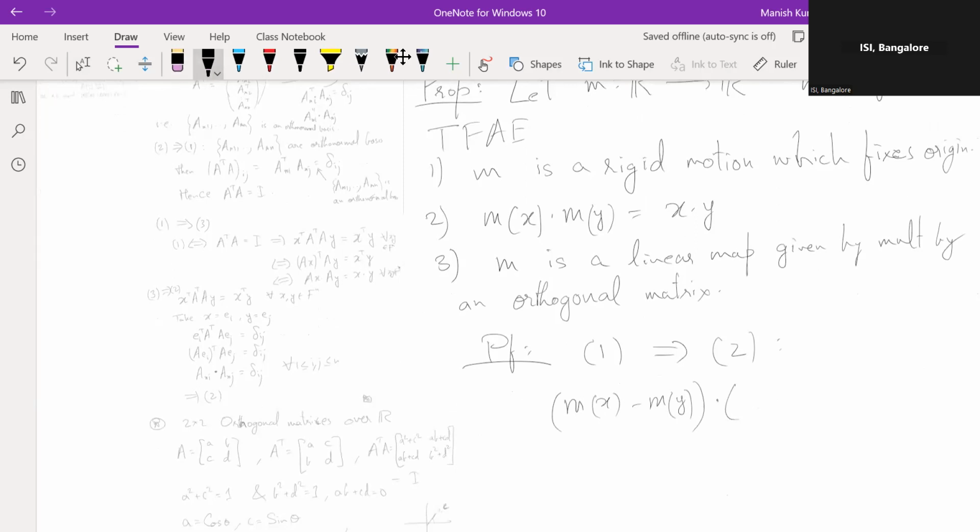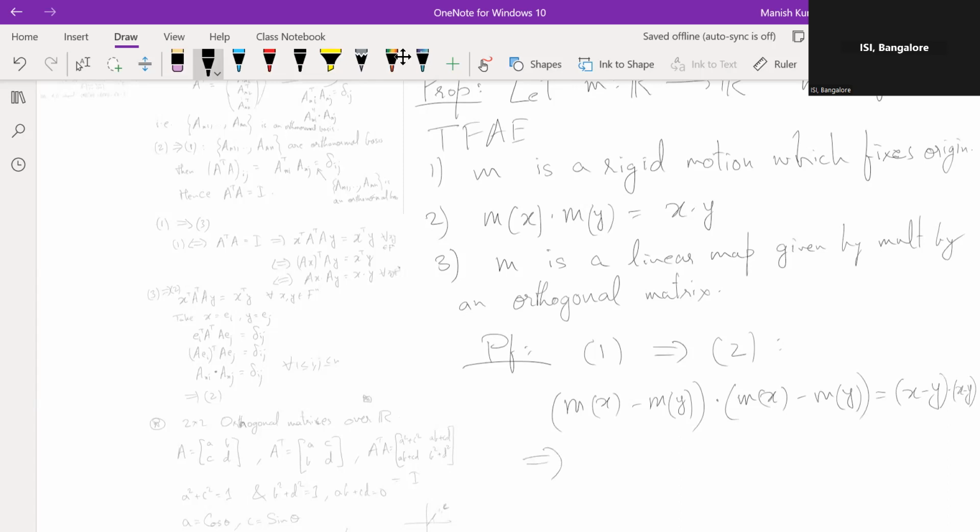So if we write it in terms of dot product, what you'll get is that Mx minus My dot Mx minus My is the same as x minus y dot x minus y. If the distances are the same, these dot products agree. But what is the left hand side?